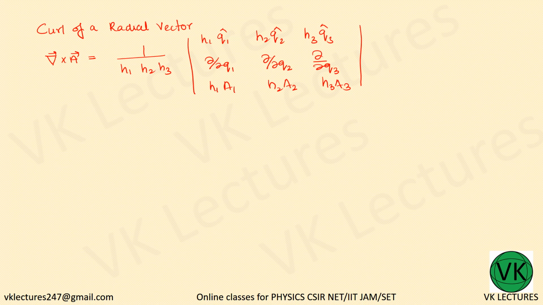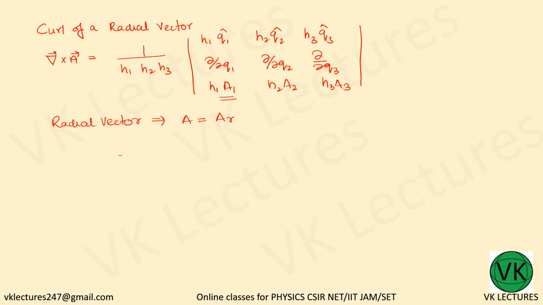Now if we need to write the function, the curl of the radial vector, which means the function A is equal to AR.